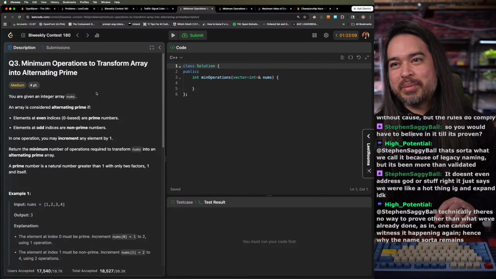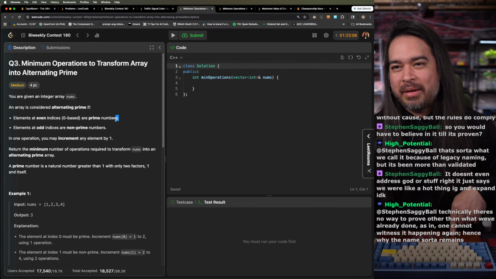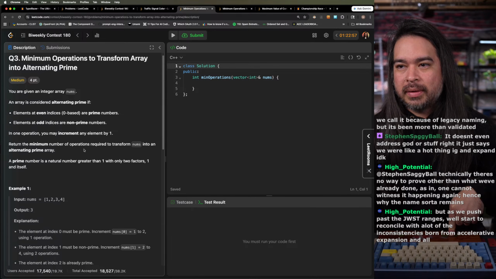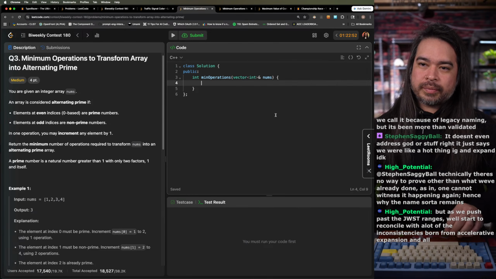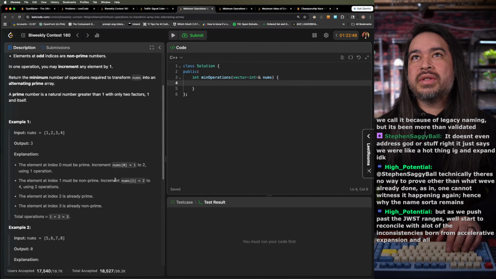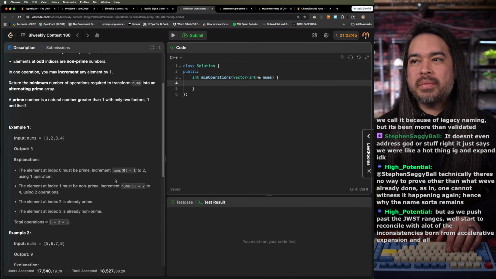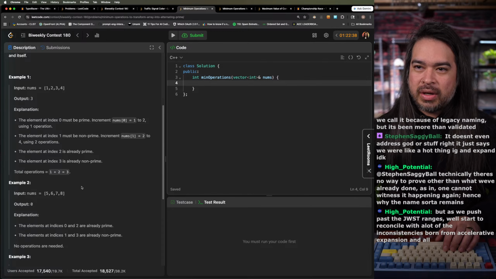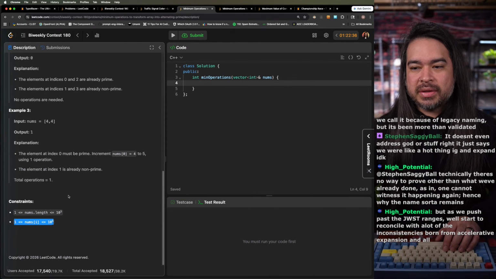Anyways, let me think about this problem. So, elements at even indices are prime numbers. So prime numbers. Elements at odd are non-prime. Alternating prime array. So, what do we do? Do we just move them? All right, let me look at these constraints. Nums i is up to 100K. Should I just generate all the prime numbers?